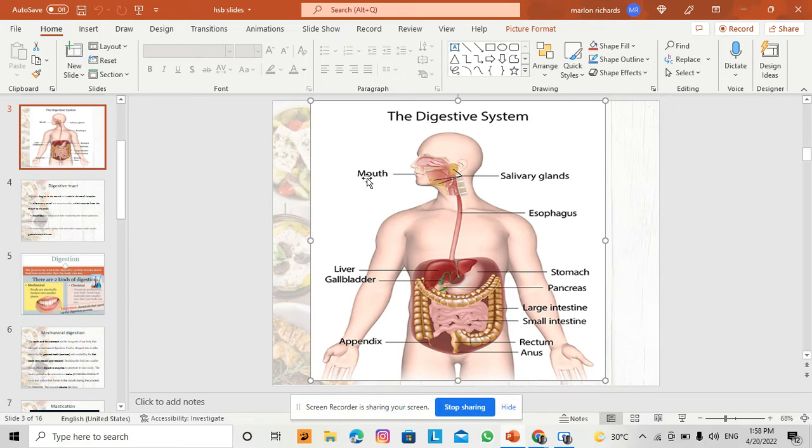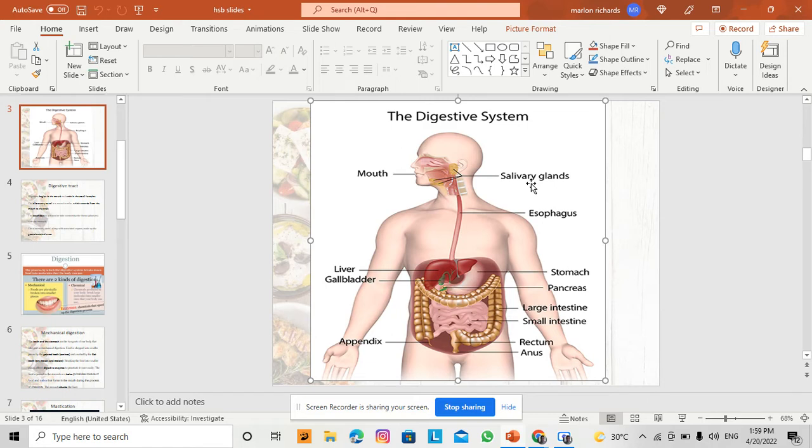And when we think about the mouth, what type of digestion comes to mind? The type of digestion that comes to mind is mechanical digestion. Mechanical digestion occurs when food is physically broken down, right? So mechanical digestion is what takes place in the mouth.